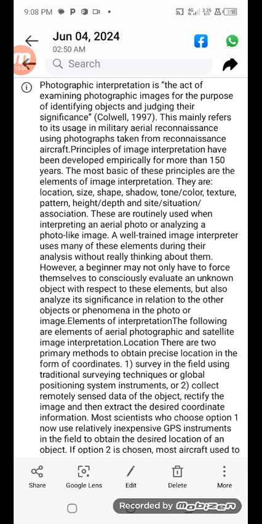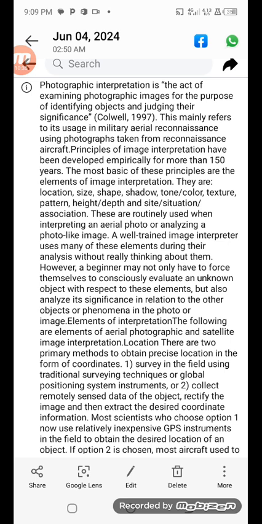Another thing, especially in terms of location, we use two primary methods: surveying the field using traditional surveying techniques like a surveyor's chain. You can also use the GPS, that is the global positioning system, which shows the following: latitude, altitude, and longitude of a place.